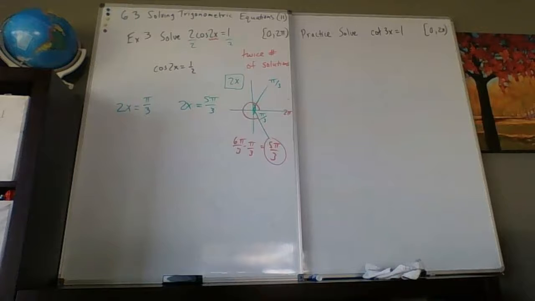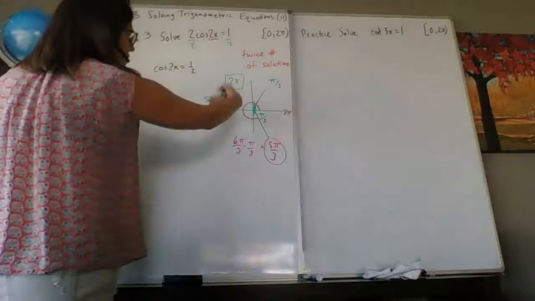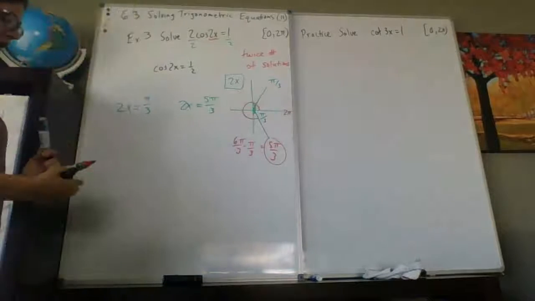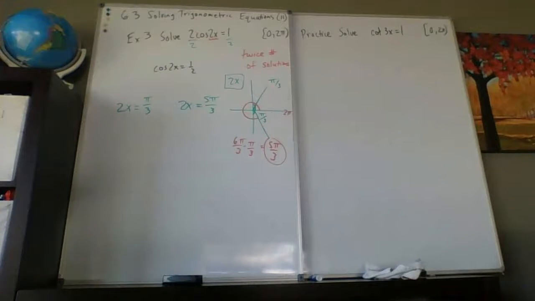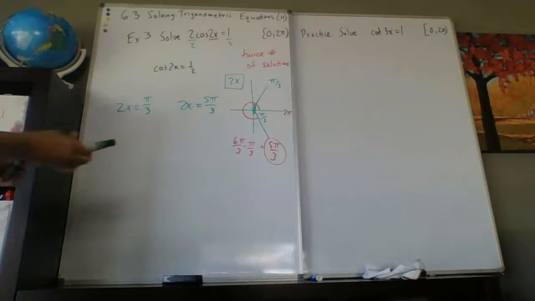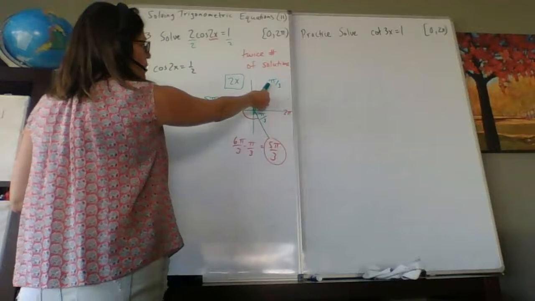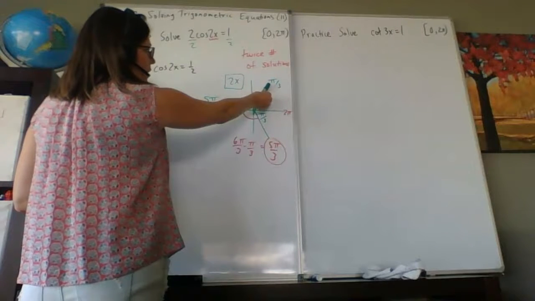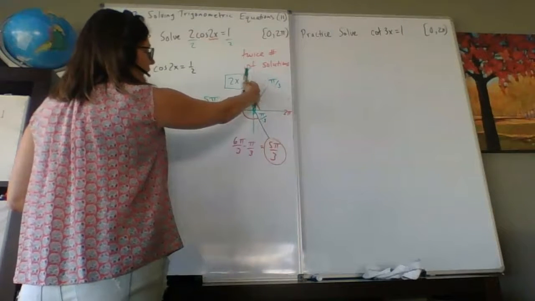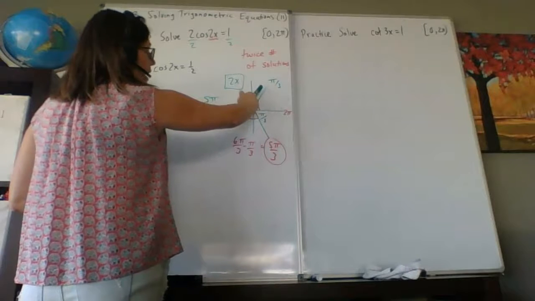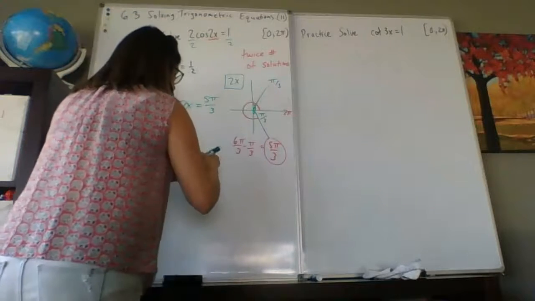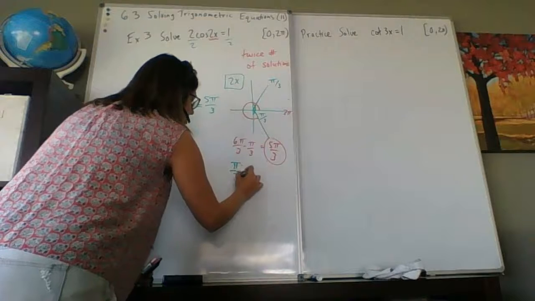Now remember, we are expecting twice the number of solutions. Normally a cosine equaling 1/2 would give us 2 solutions, so we now need 4 solutions. We need to double that. So we have to find another angle in this 2x world that's coterminal to pi over 3, so we add 2 pi.